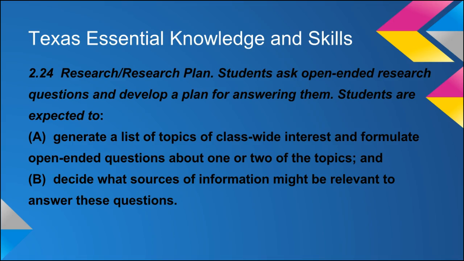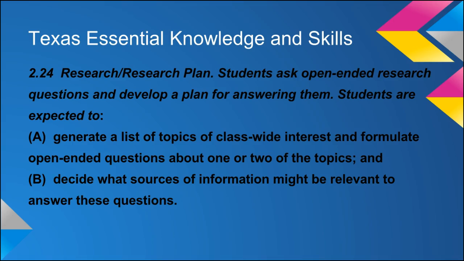So you're going to ask open-ended research questions and develop a plan for answering them, and that's part of our first objective. You're going to be getting better at doing this as you talk with your group members, your teammates and your teachers about how do I figure out the one really good burning question that I have.